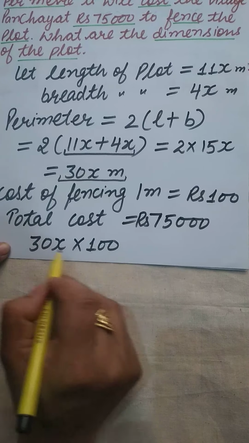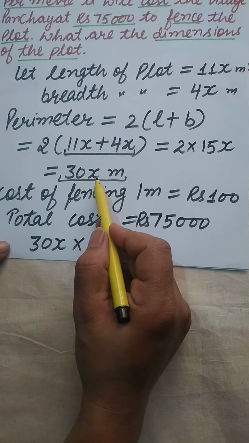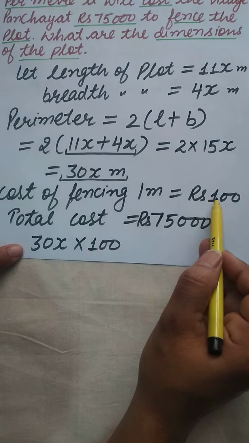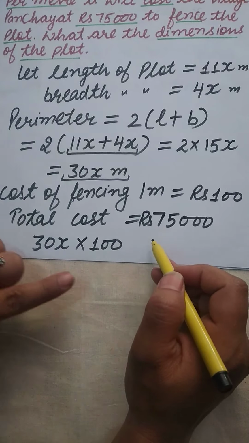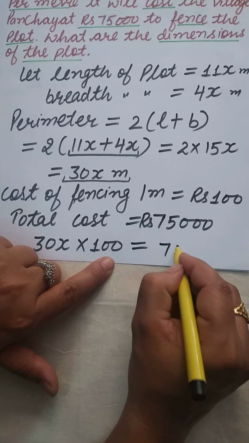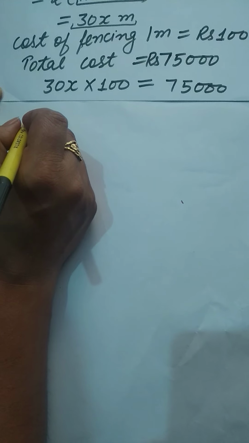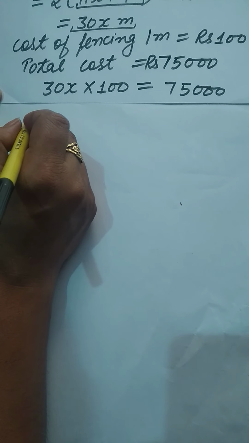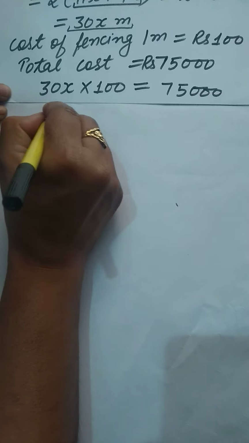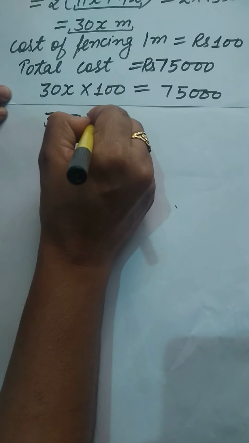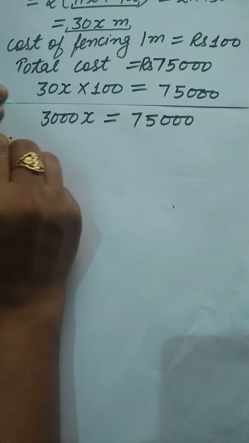That is, this is also the total cost as the perimeter is 30x. When we multiply the perimeter by 100, we get the total cost, that is given equal to 75,000. 30x multiplied by 100 is 3000x, which is equal to 75,000.